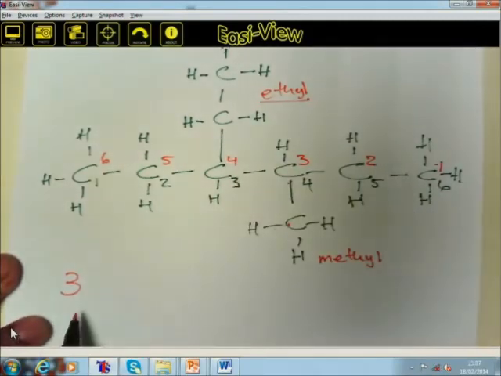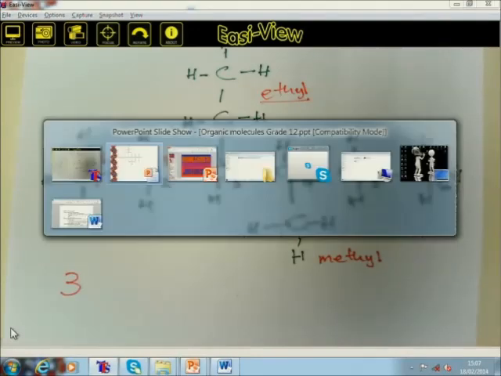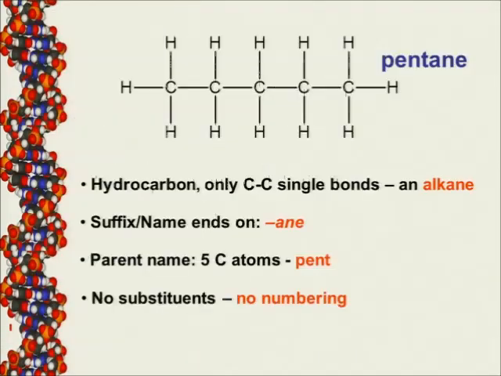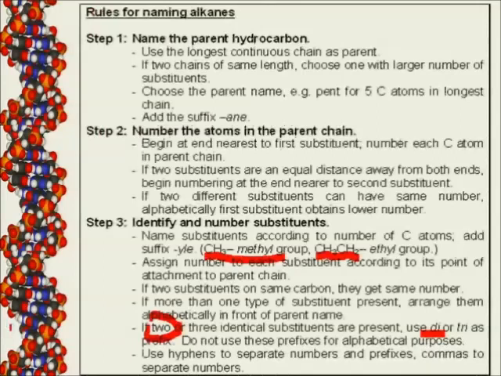And remember, according to what we just read there on those bullets, let me just go back and show you. The last point there, we said you use the hyphen and the comma to separate. The hyphen is used to separate the number and the prefix, while the comma is used to separate the numbers.